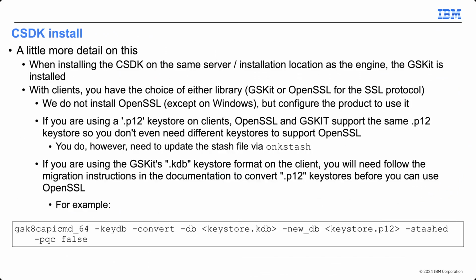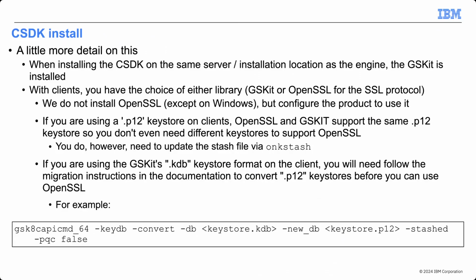We do not install OpenSSL itself, except on Windows. But what we do is configure the product to use either GSKit or OpenSSL. If you're using local key stores with the .p12 suffix on it, OpenSSL and GSKit support the same key stores, so you don't need to make any changes there.